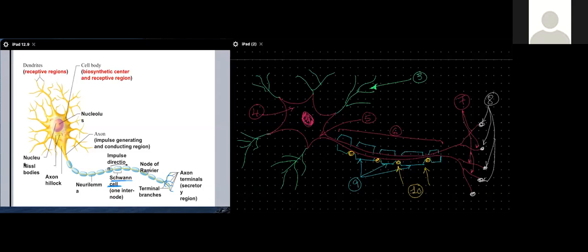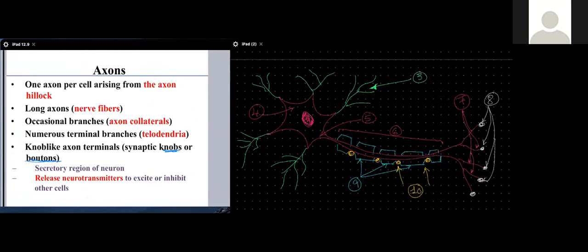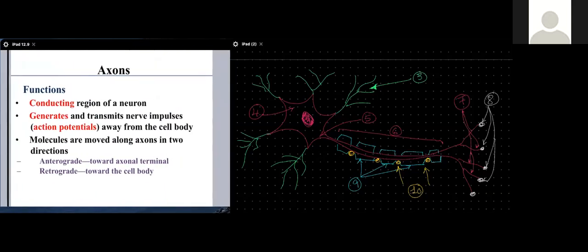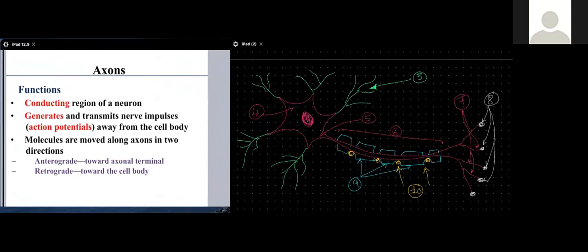All right, so moving on to the function of the axon. Axons are going to be the conducting region of the neuron.